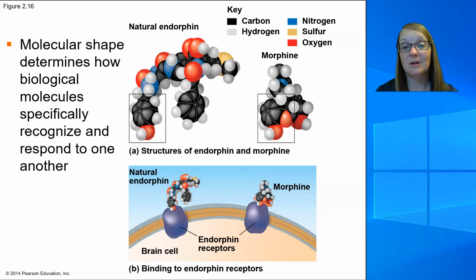So your brain cells don't know any better. If something binds to the endorphin receptors, it says, okay, I'm not going to feel pain, I'm going to be happy. It doesn't matter whether it's morphine, a molecule that comes from outside your body, or the natural endorphin that your body itself produced. If morphine didn't have that shape in that position of the molecule, we wouldn't use it as a painkiller because it wouldn't be able to accomplish that particular job.